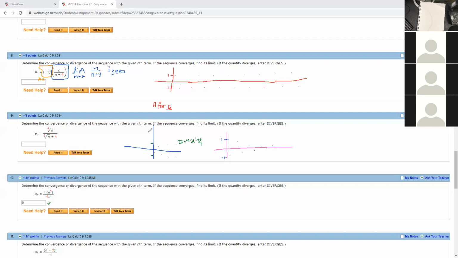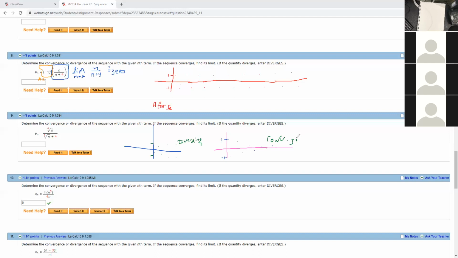So let's look at just this part, and whatever we get, if we get 0, then the alternating part, negative, positive, negative, positive, is all getting closer to 0 from above and below, so that would be converging. This would be an alternating sequence converging to a single value, 0.